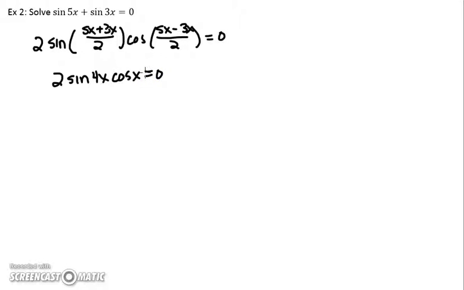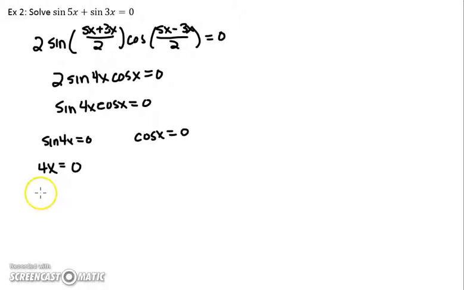Now this one shouldn't be too bad to worry about. We can think about this as 2 separate parts. Let's go ahead and divide everything by 2. So sine of 4x cosine of x equals 0. So we can say sine of 4x equals 0, cosine of x equals 0. Sine is 0 when 4x is equal to 0, and when 4x is equal to pi.